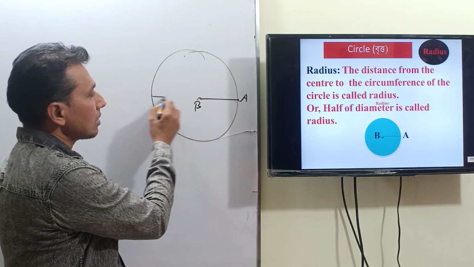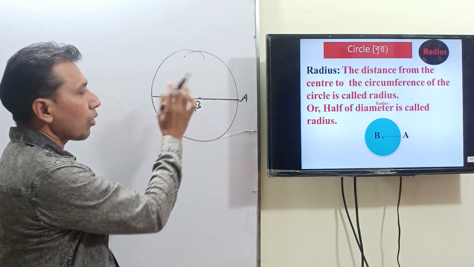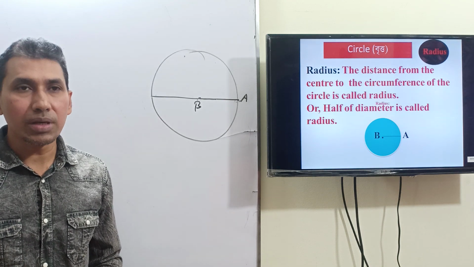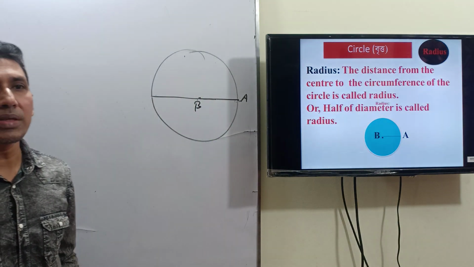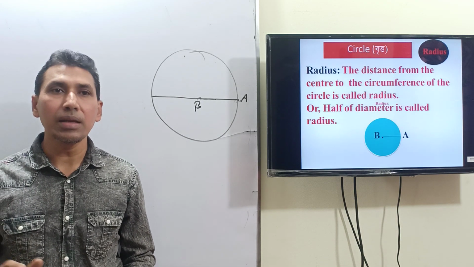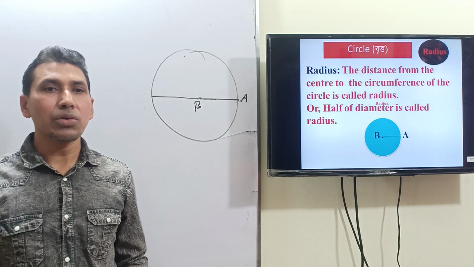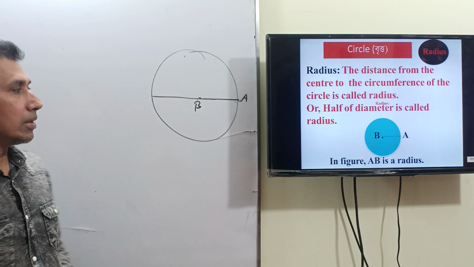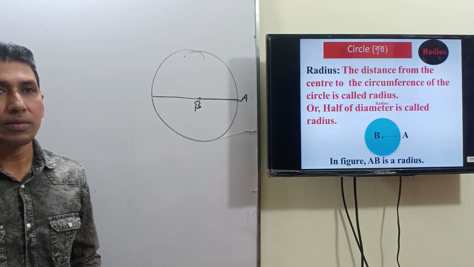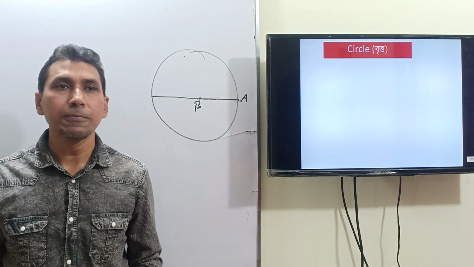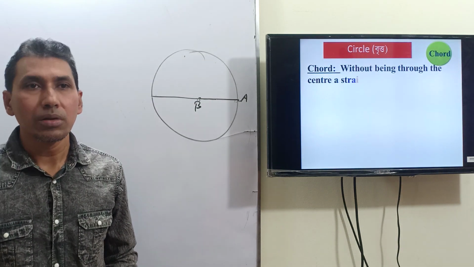That means this is the diameter, and half of the diameter is the radius. So half of the diameter is called the radius, or the distance from the center to the circumference of the circle is called the radius. So in the figure, AB is a radius.